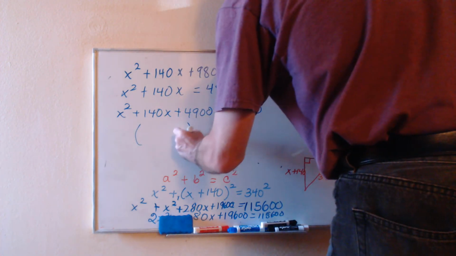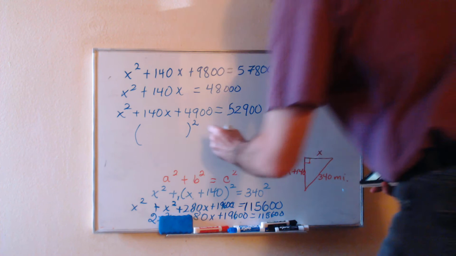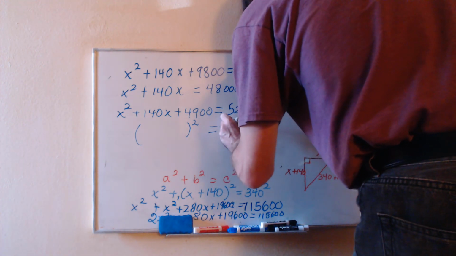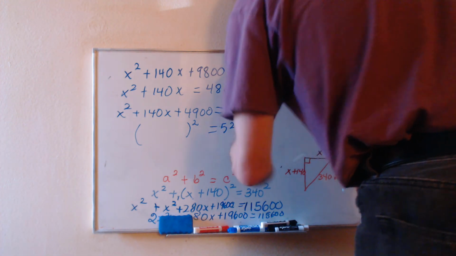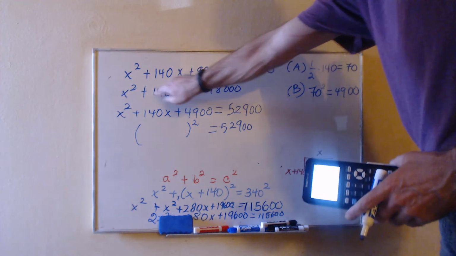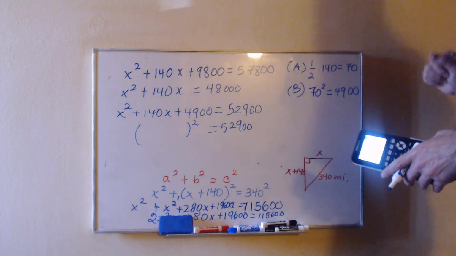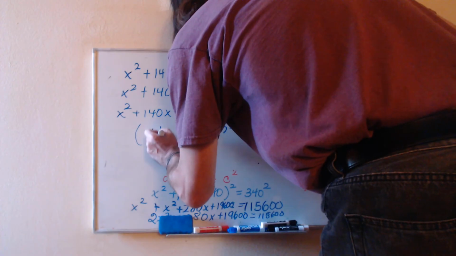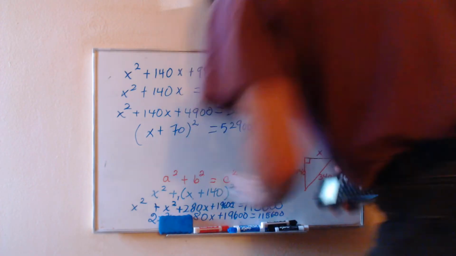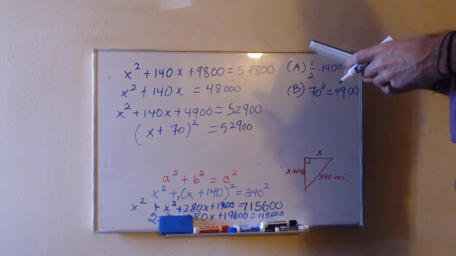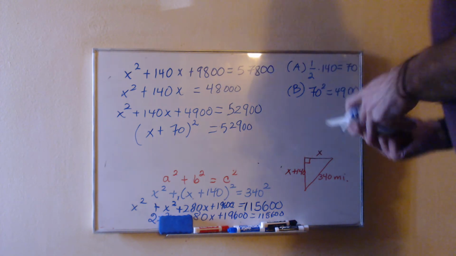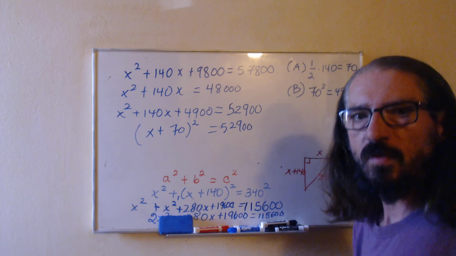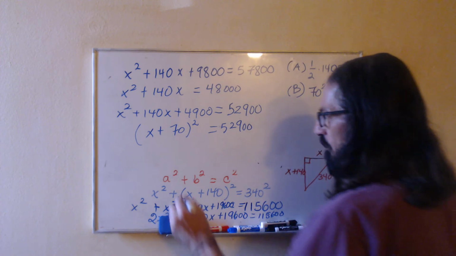The perfect square trinomial on the left can be rewritten as a binomial squared. Since the 140 was being added, the step in A, that 70 is positive, and so we have x plus 70 in the binomial squared. Luckily, what we have on the right hand side is a perfect square.